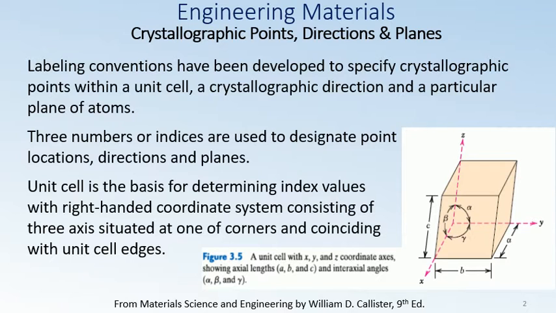The reference is a unit cell with a right-handed coordinate system consisting of three axes, x, y, and z, situated at one of the corners of the unit cell and coinciding with the unit cell edge lengths, as you can see in figure 3.4.